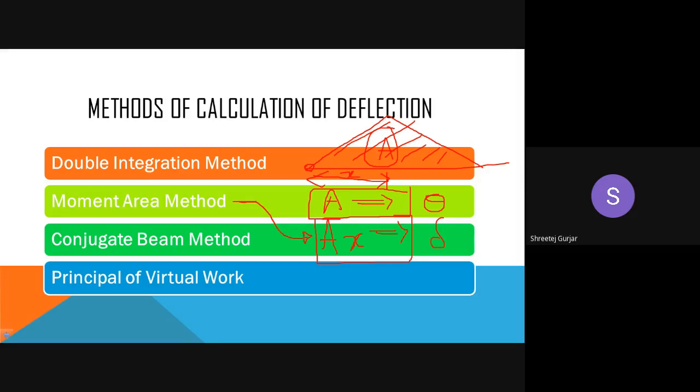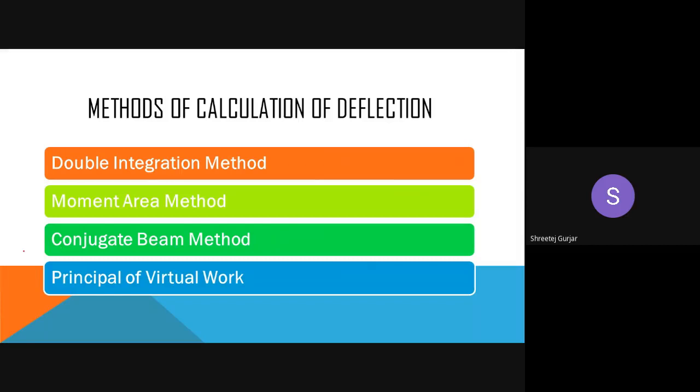Now moving on to the conjugate beam method. Anyone recalls what is the conjugate beam method? No one? So in the conjugate beam method, you convert your beam. Suppose you have a simply supported beam with a central load.